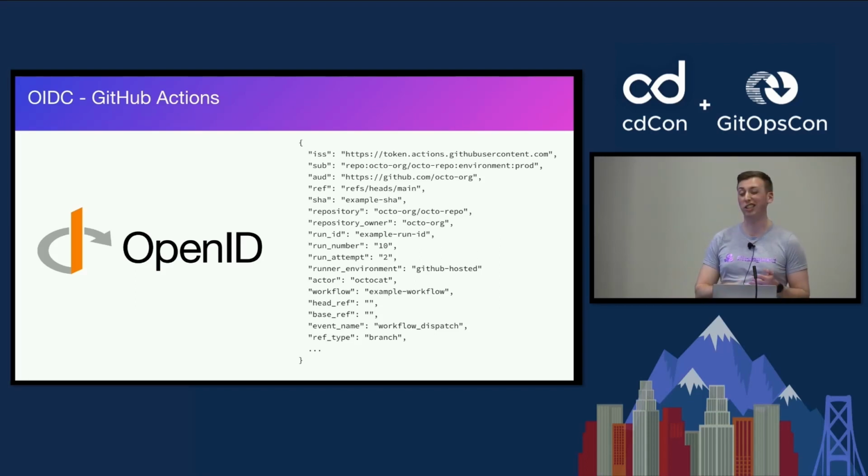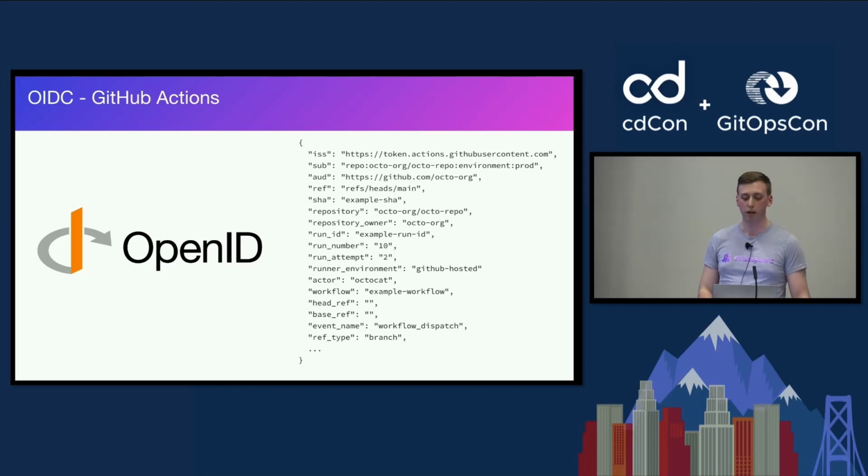This is true for GCP VMs, Amazon, Azure, GitHub Actions, GitLab, CircleCI. They're providing OIDC tokens that you can hook into that actually give you finer information about the environment that you're running in.